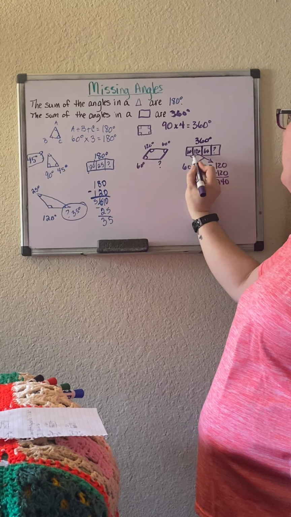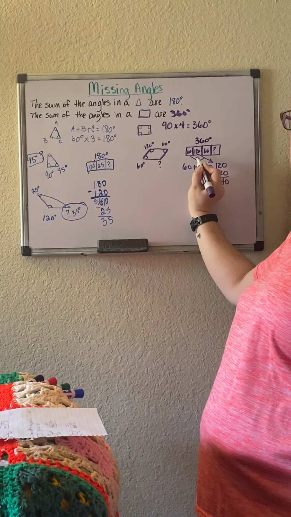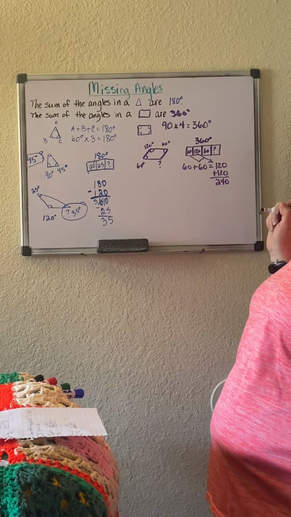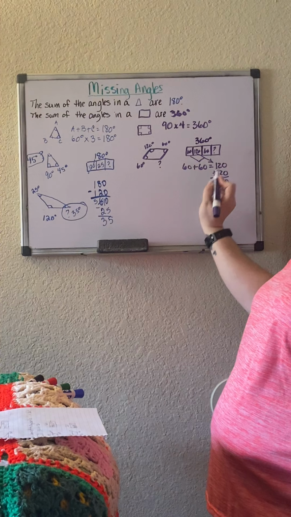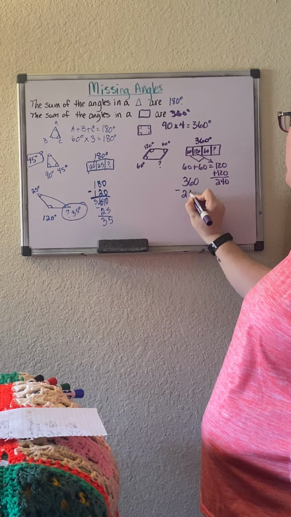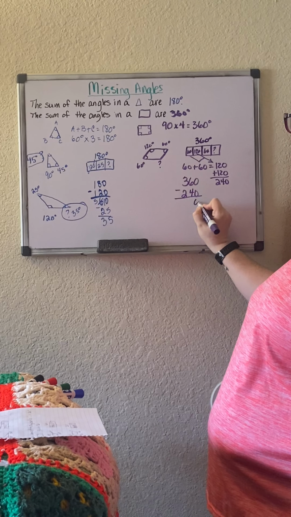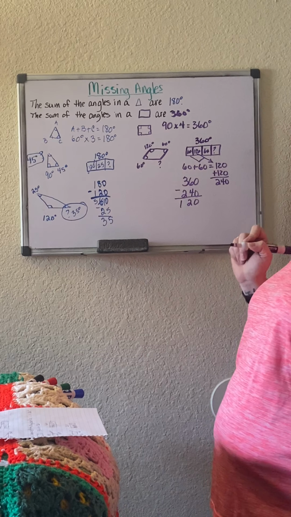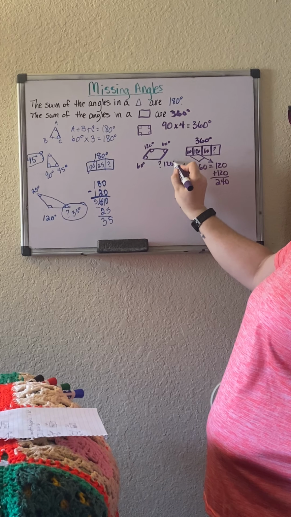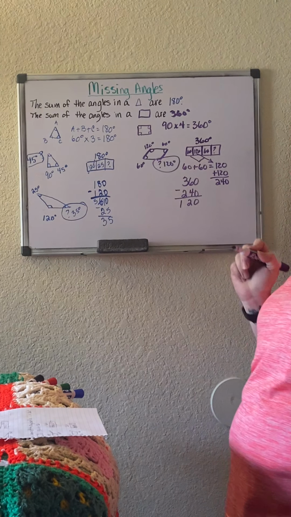So all 3 of these pieces that I do know together is 240. I know that the total is 360, so to find the missing piece, I'm going to do 360 minus 240, which gives me 120. So this missing angle here is 120 degrees.